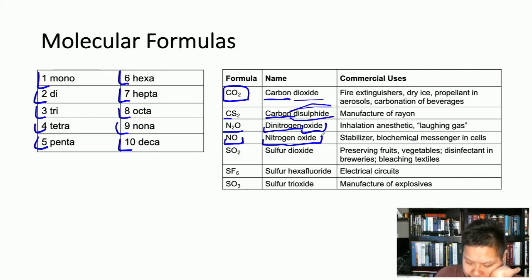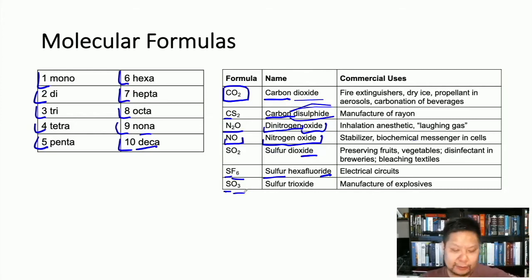So the second element involved always still has the "ide" at the end, right? But it's really easy to name them because you just use the Greek prefix for each of the numbers. So sulfur here, there's one of them, so it's just sulfur, and there's 6 fluorides, so sulfur hexafluoride, and then one sulfur there, 3 oxygens there, sulfur trioxide.